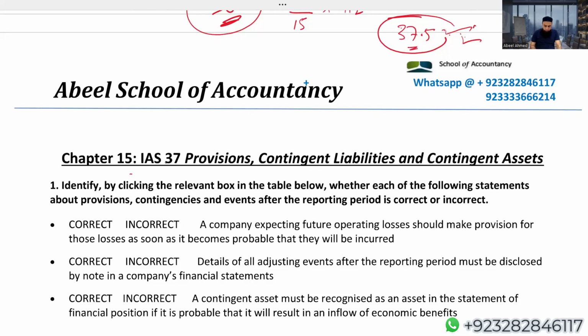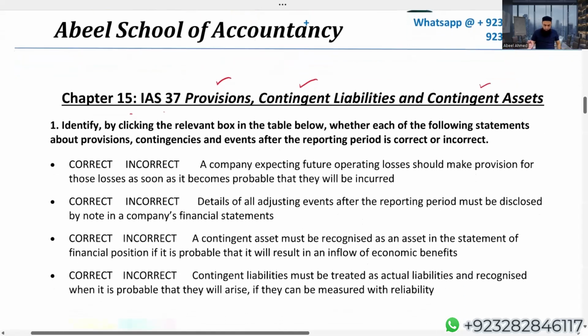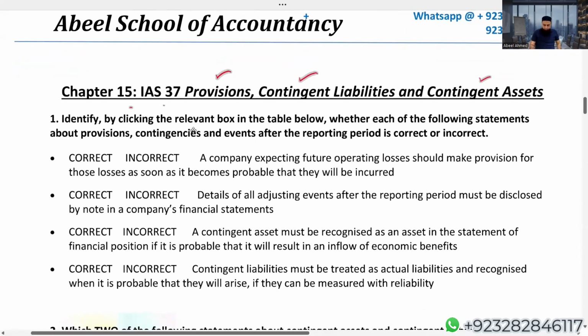They are given to you as your homework. This is chapter number 15, IAS 37, provisions, contingent liabilities and contingent assets. Any question? Noted. Thank you. Identify by clicking the relevant box in the table below. Right now we did not make any table just to save time.